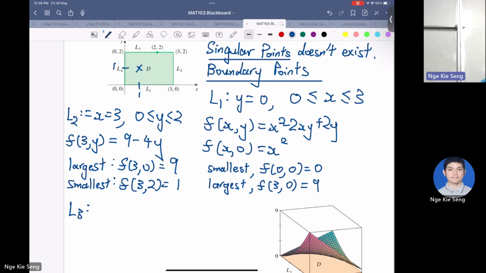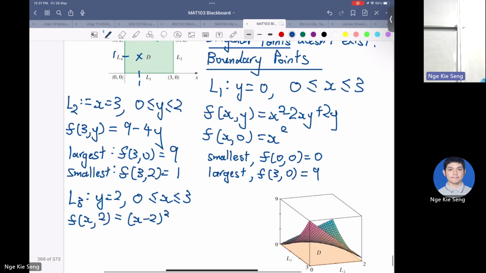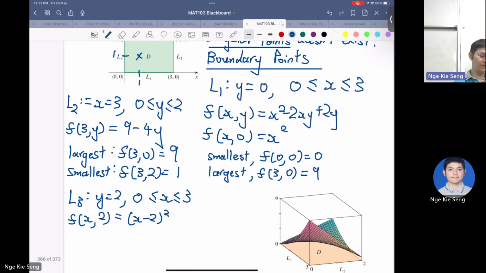So L3. L3 is y equals 2, ranging from 0 to 3 for x. And what you really get at the end for this function is just (x minus 2) squared. This one I think is a bit trickier.